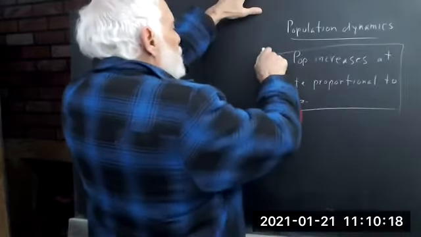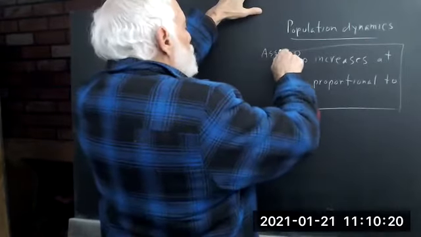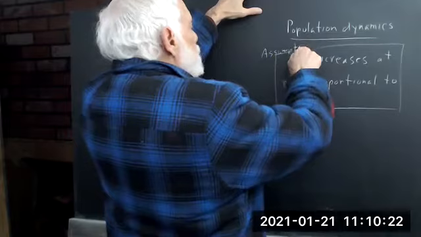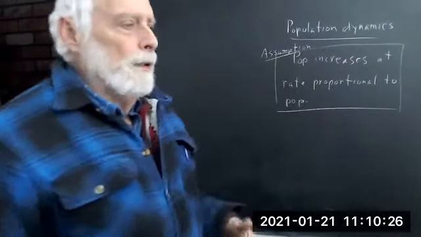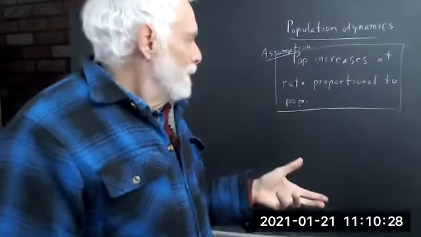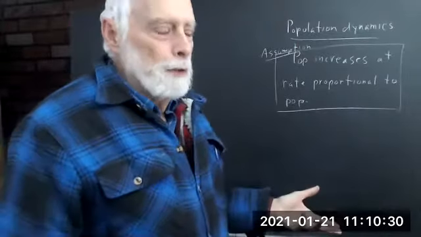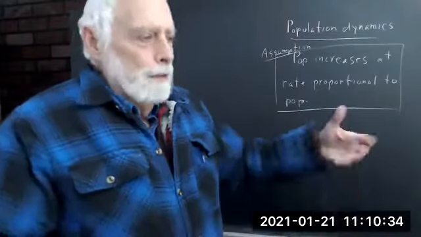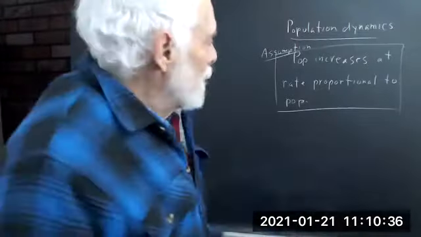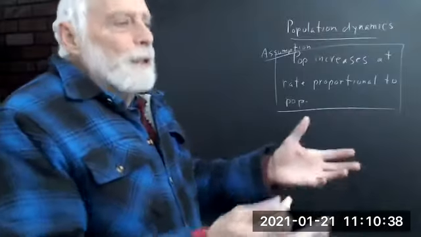That's your assumption. Basically, the more critters you got, the more critters they're going to produce. And then those critters are going to produce new critters. So you're going to get more and more critters, and the more keep compounding.